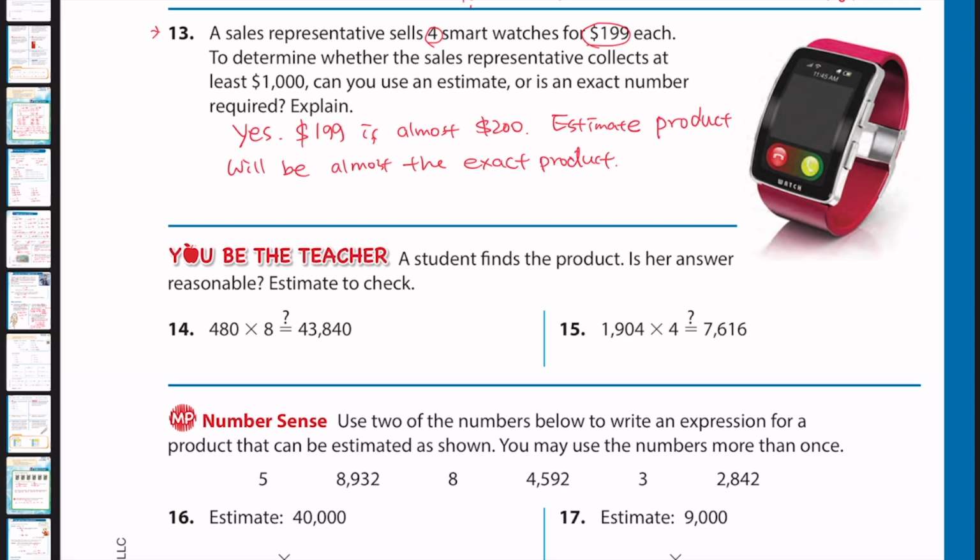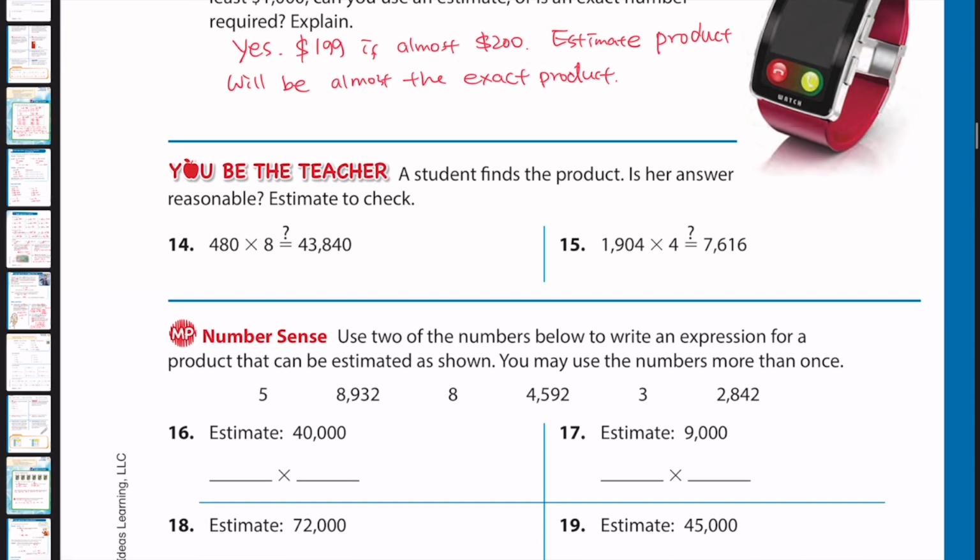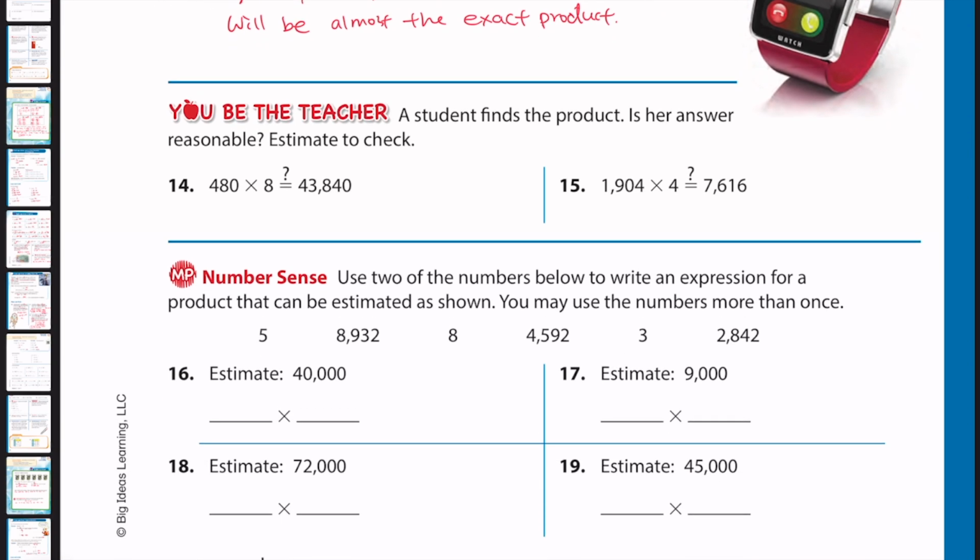Now, a student finds the product. Is her answer reasonable? Estimate to check. Now, let's continue. 8 times, let's say this is 508. It's going to be 40, and then 2 more zeros. Yeah, it needs to be 4000.